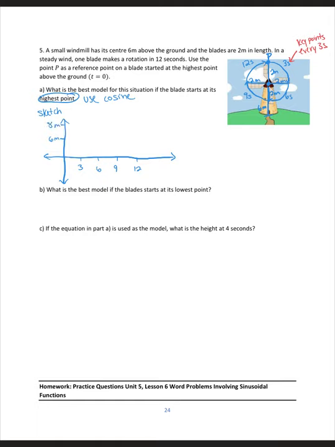So if I just put over here, my max is going to equal 6 plus 2. And then if I was trying to find my minimum, we would just do 6 minus 2, which is 4, right? Because that blade is going to be 2 meters, so the point is going to drop down 2 meters from that center, which would be at 4.